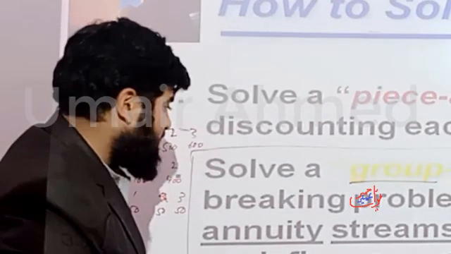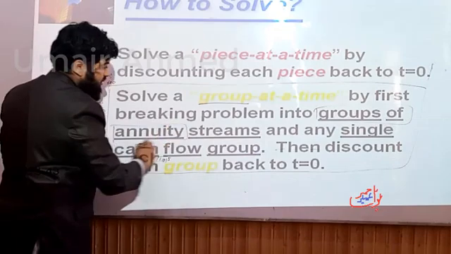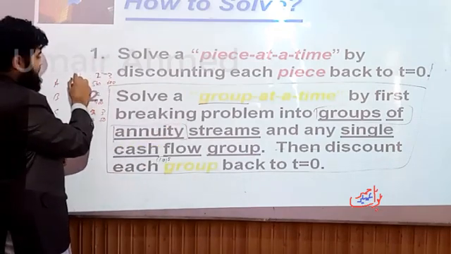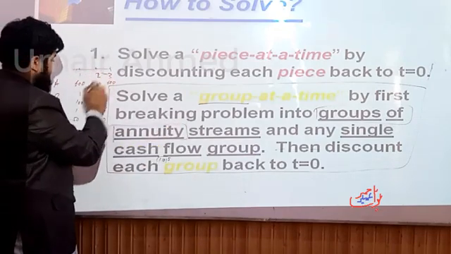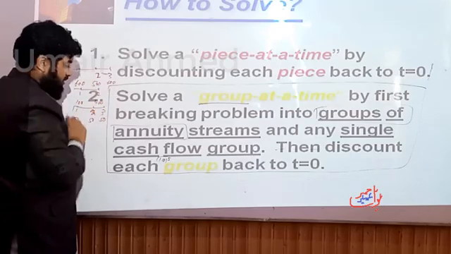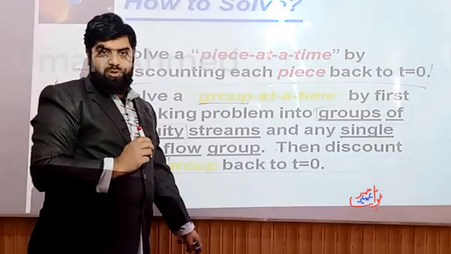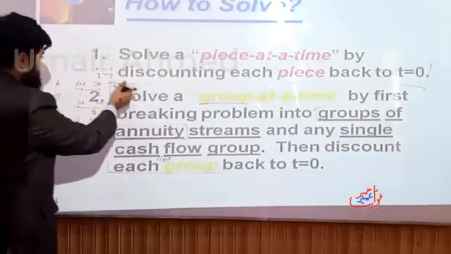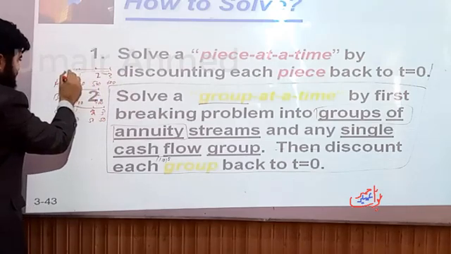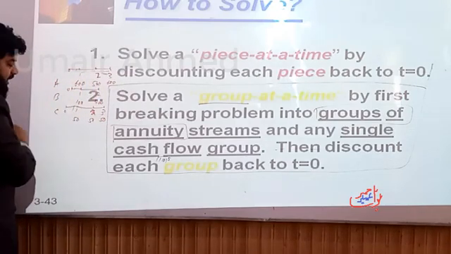So first of all, break the problem into groups of annuity streams. These are your annuity streams. Then discount each group back to t equal to 0. Each group back to 0, like this.